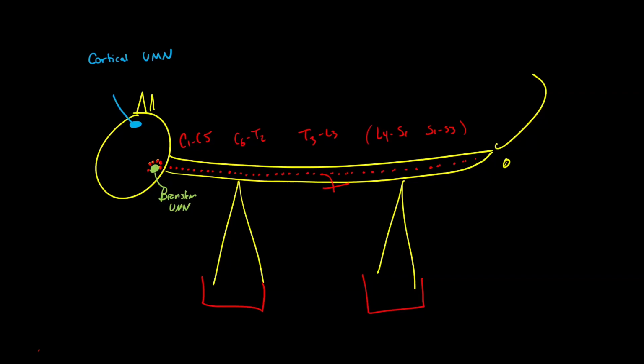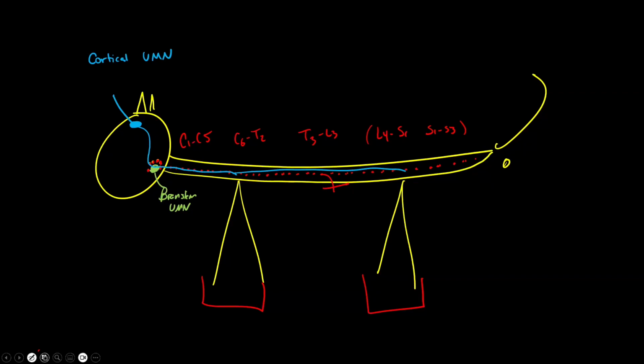As we continue down, now the question becomes, how do these connect? Well, that cortical upper motor neuron is going to have a primary track, and that primary track is going to come down, go through the brainstem, and then go down onto all of these neurons, depending on what functionality it is.